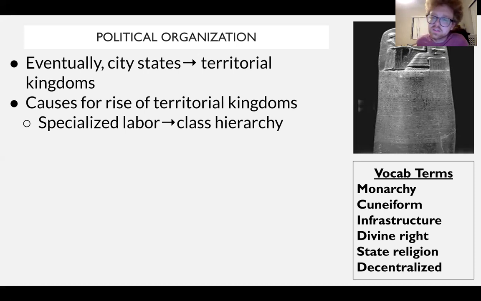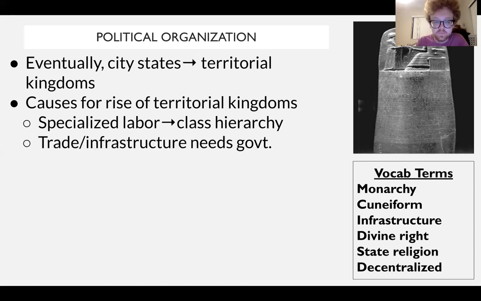So we're starting to see systems of class emerging from specialized labor, and that's making the idea of class a seemingly natural thing. So it's only natural that we have somebody who rules over everybody. Class hierarchy is a major reason why some people don't really question why we have rule by one person, by a monarchy.